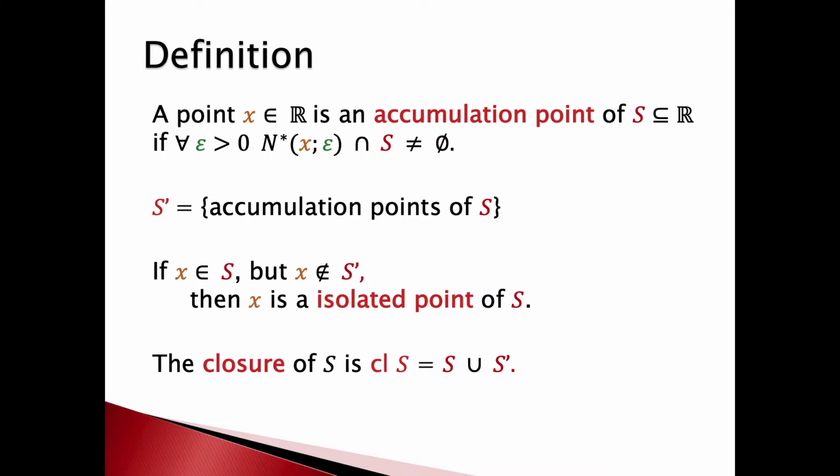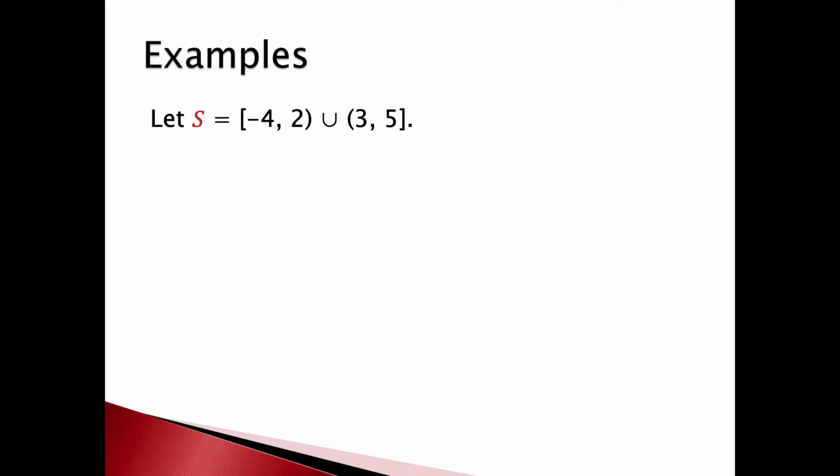You might want to know why you call it the closure, and it's because it's closed, and we'll see why that happens in just a second. If you take S and throw in all of its accumulation points, essentially we're throwing in all the boundary. Then what we get is a set which will have S and its boundary in it, and so that will be closed. Okay, this definitely needs some examples.